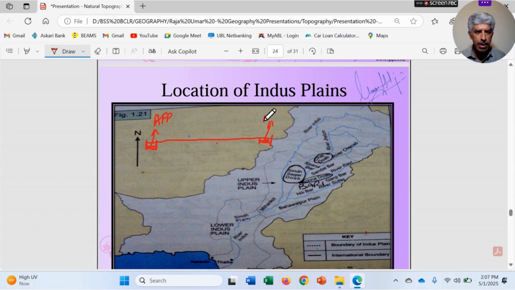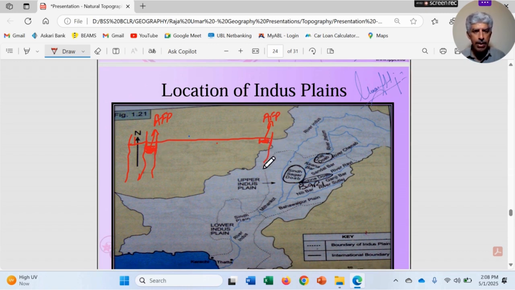This area, 200 meters of width from the river, is flooded every year during summers, whenever there are stronger monsoon rainfalls and more river discharge because of the melting of snow on the glaciers. The actual route of the river is like this, and this region is active floodplain on the river side, which is flooded every year during summers.